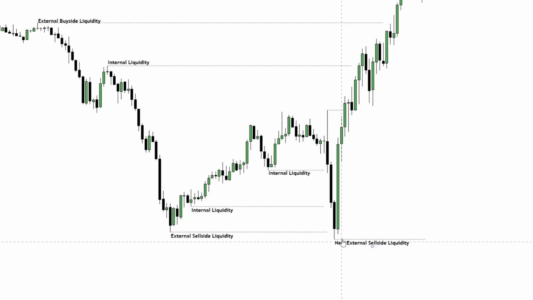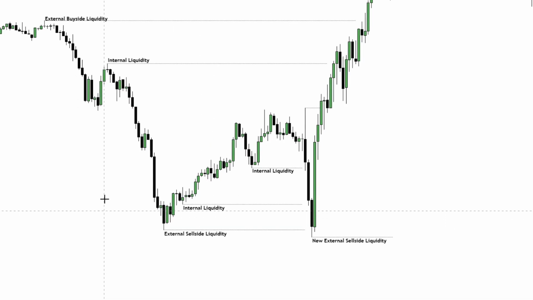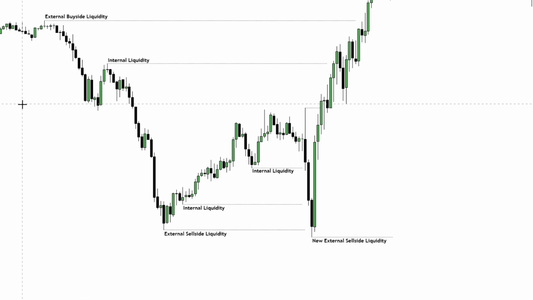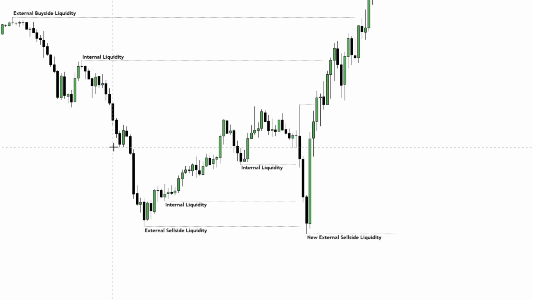And as soon as we made a new low, that became the new external sell side liquidity, right? And my draw for today, which I'll explain later why, was up here, right? It is overall further up, but I knew as soon as we took out this low here, this was the next target, right? So that is the first thing I look for before I put on a trade.